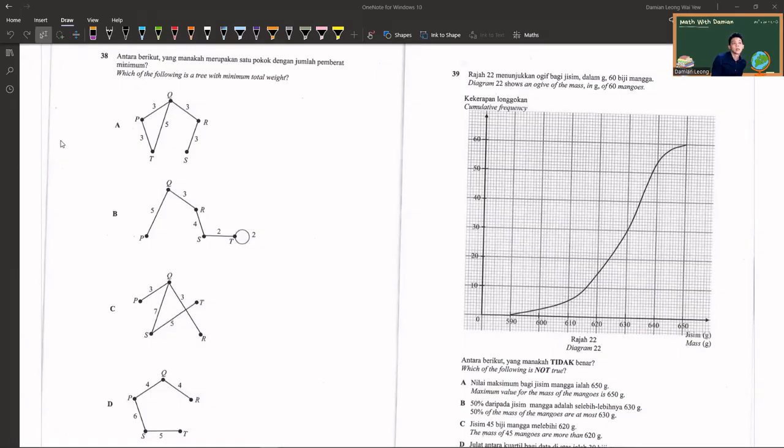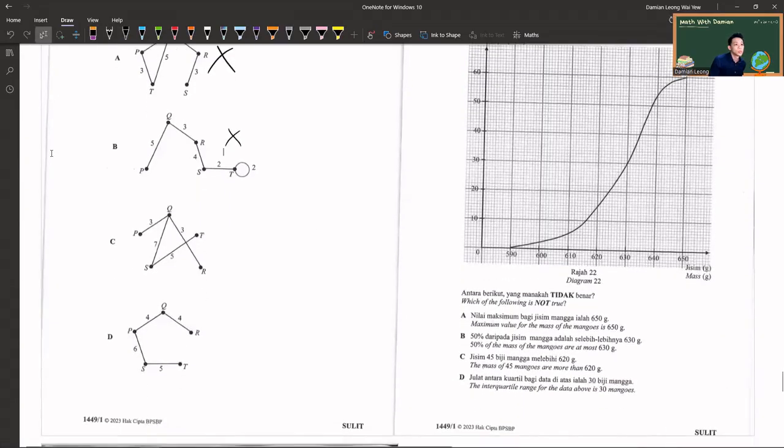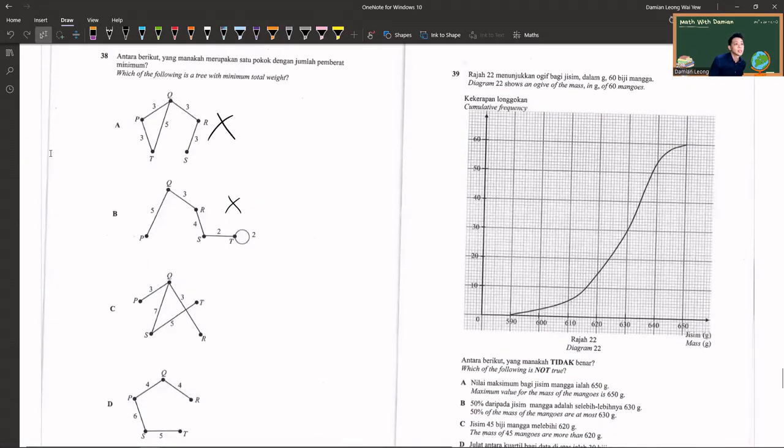Okay, so yang ni tidak merupakan pokok. It's not a tree. Tree must be simple graph. So cannot have any loops. Tidak boleh ada gelung dalam bucu yang sama juga. So bukannya B. So definitely is either C or D.